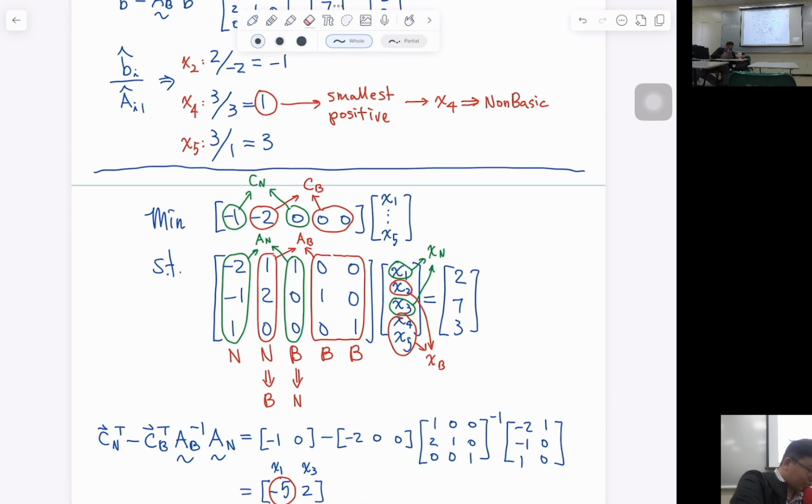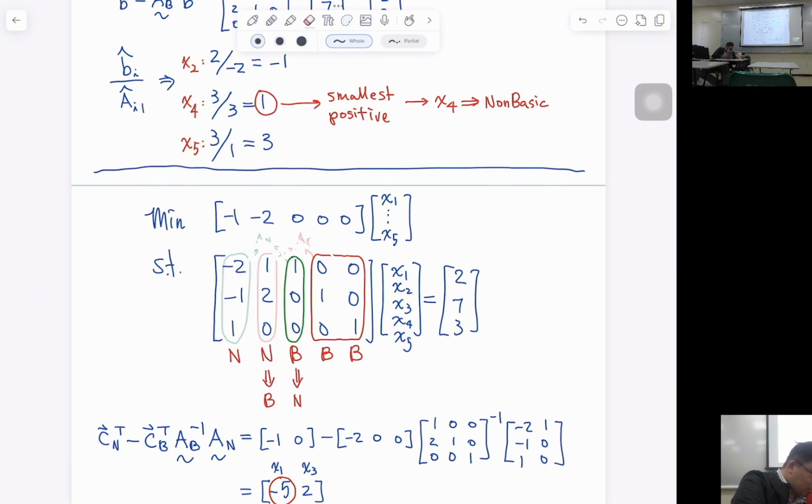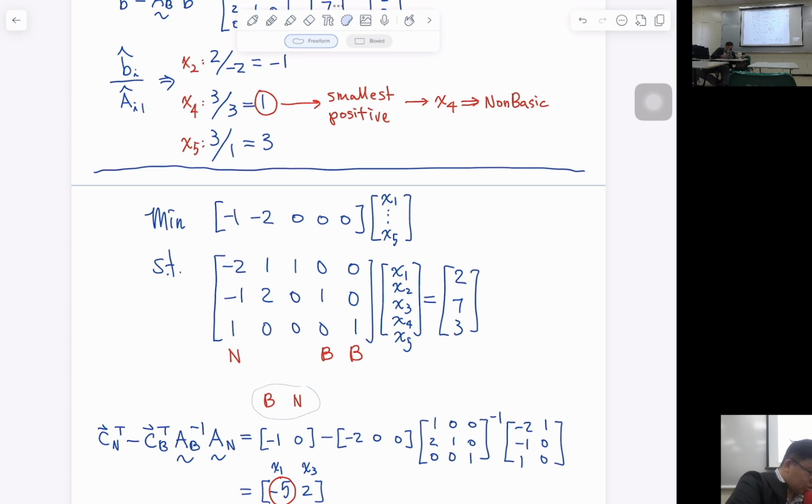erase the old information. Okay, I will erase these because in the second iteration it was like this.